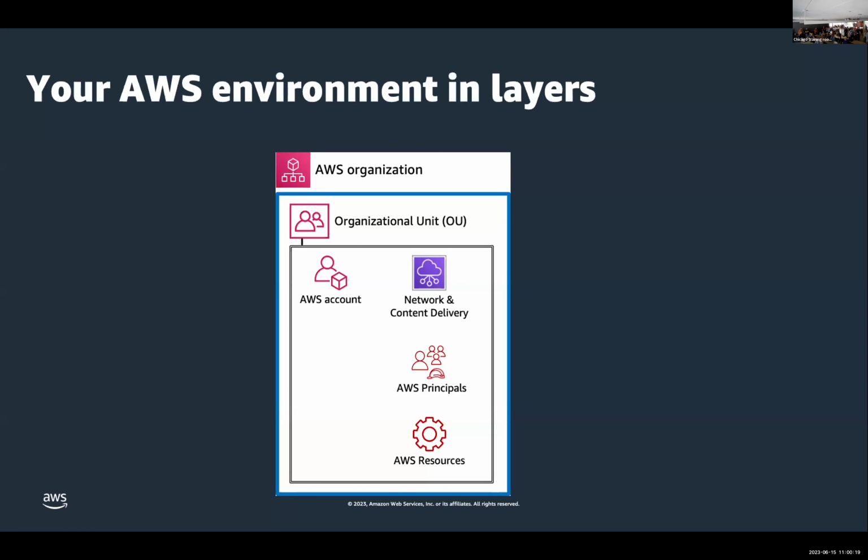Network and content delivery is not necessarily a layer, but it's more a level that can support the workloads that you run on your AWS accounts, all the way to principals, which are represented by the identity pieces, down to the resources, which you also need to secure access to, making sure they are encrypted as well.